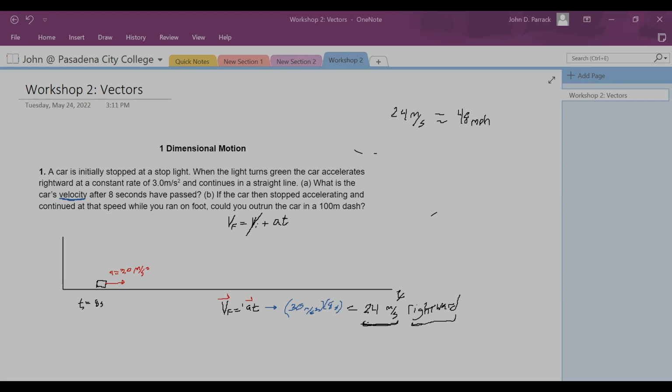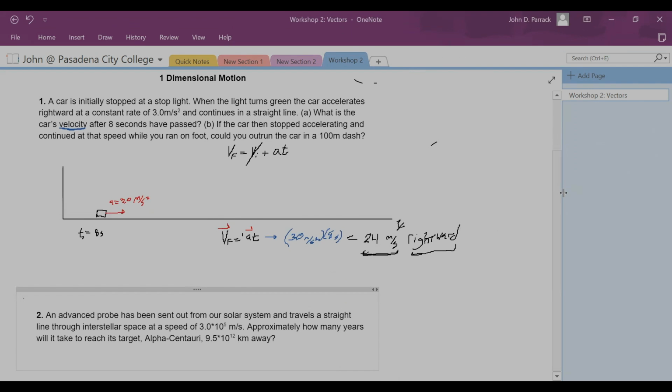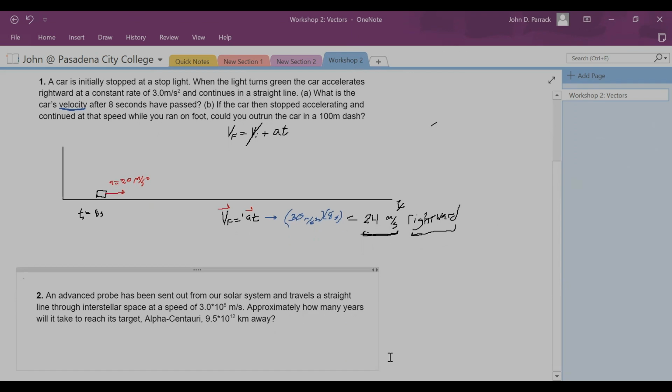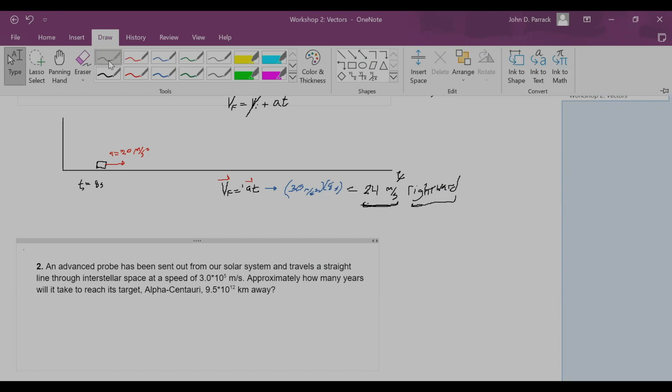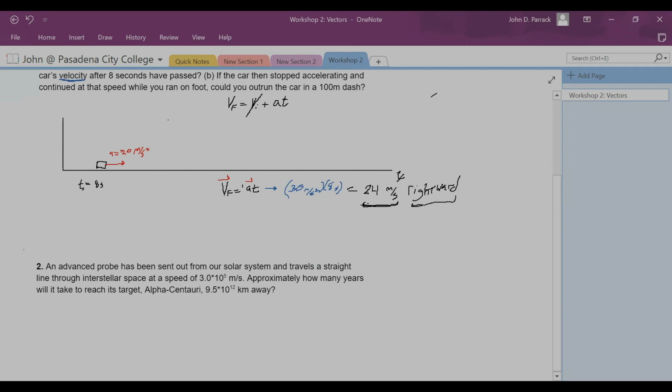Okay. So this is another question with one-dimensional motion. Let's see if we can squeeze it in right here. This one says, an advanced probe has been sent out from our solar system and it travels a straight line through interstellar space. Okay, so real quick, I'm going to pause here. Because travels a straight line is already making me think of vectors.